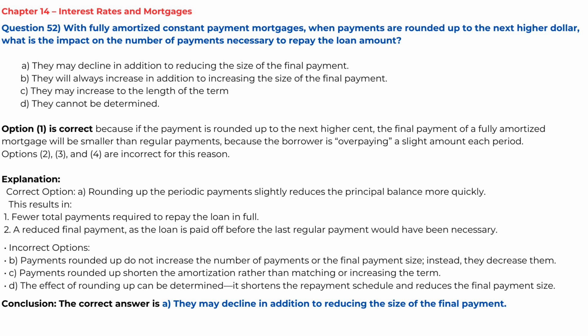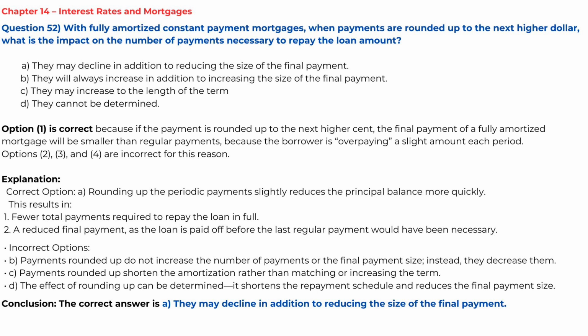Explanation: correct option A. Rounding up the periodic payments slightly reduces the principal balance more quickly. This results in 1. Fewer total payments required to repay the loan in full. 2. A reduced final payment, as the loan is paid off before the last regular payment would have been necessary. Incorrect options: B. Payments rounded up do not increase the number of payments or the final payment size.